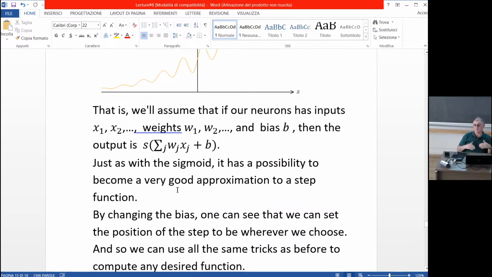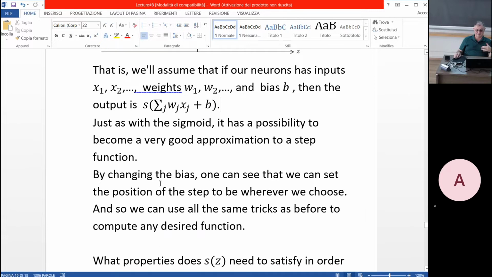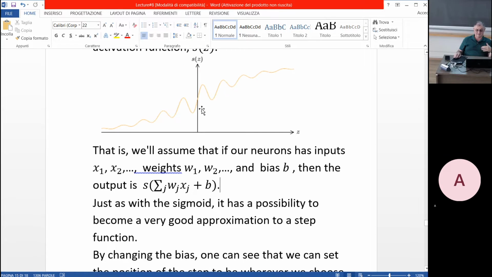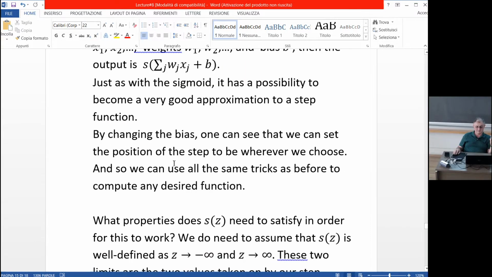So we can make the same reasoning, changing the bias to a very big value. We can obtain again a step, a jump function.